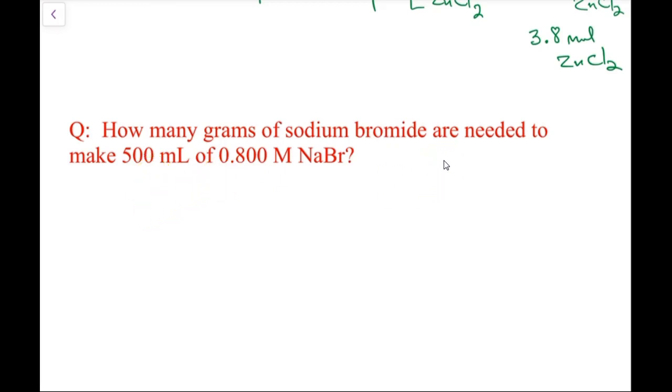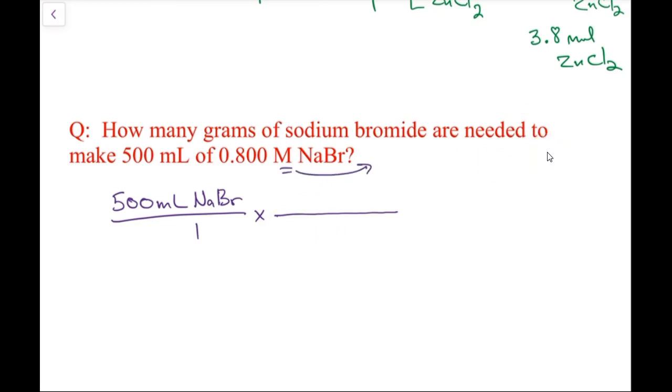The way we do this is we start, just like we did in the last one, with the volume, not the molarity. The molarity is important, but we're going to start with the volume. So we're going to go from 500 milliliters of NaBr, and that's our starting number. Now, we're going to be using molarity, which again, anytime you see molarity, you might want to write off to the side, moles per liter.